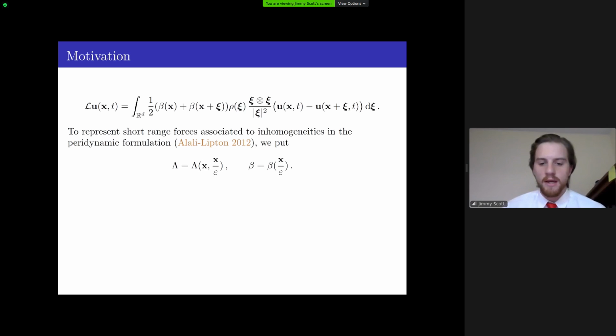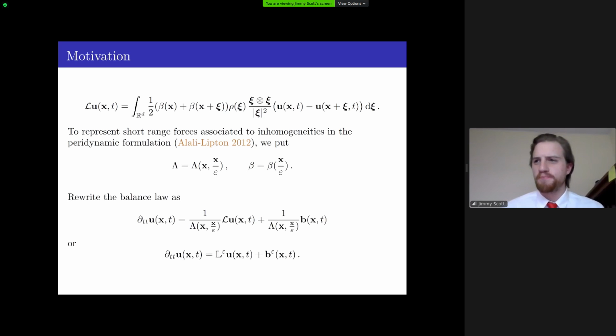We're following some of the precedent that was first set by Basim and Rob in 2012, and there have been a number of papers based off of their formulation. We consider the mass density to be spatially dependent, and it varies based on the length scale of the inhomogeneities, as well as the parameter beta.